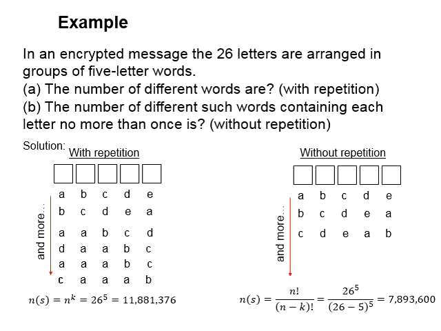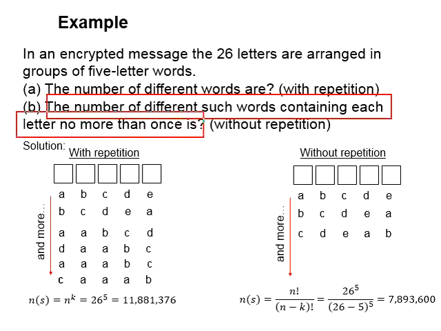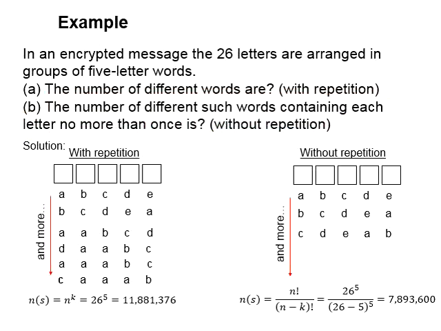Next, let us try another example. In an encrypted message of 26 letters, which are arranged in groups of 5-letter words, determine the number of different words that can be produced with repetitions, and the number of such words containing each letter not more than once, that means without repetitions.